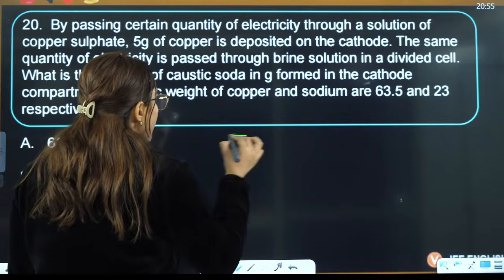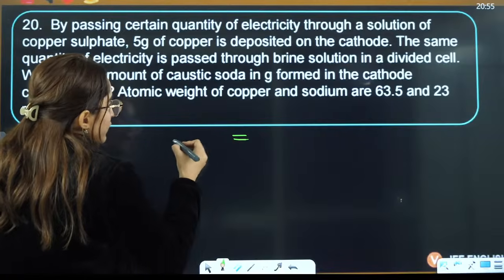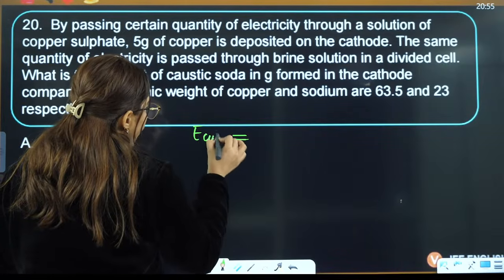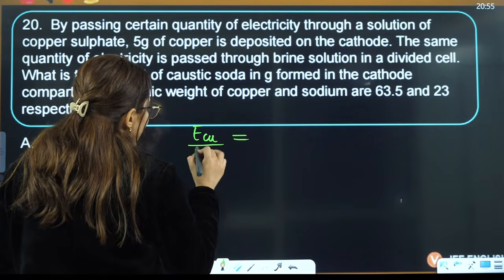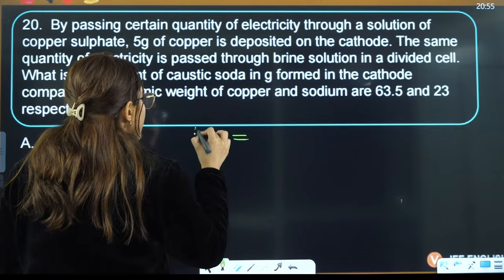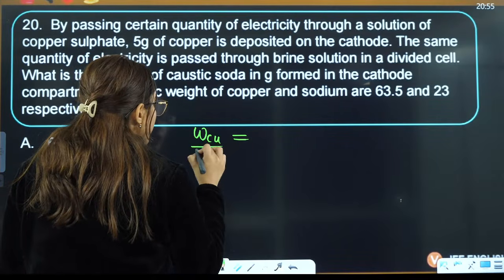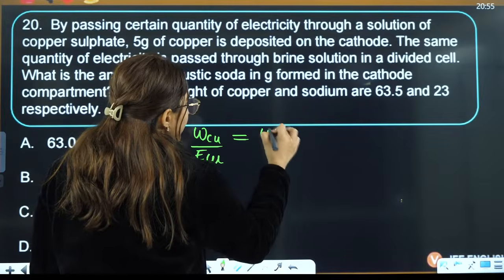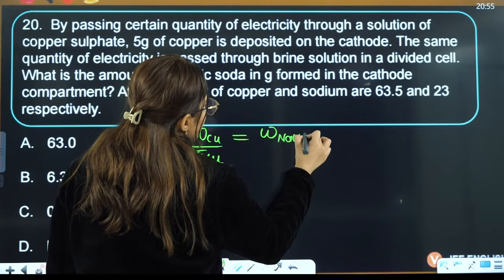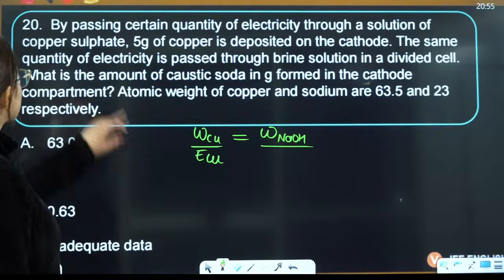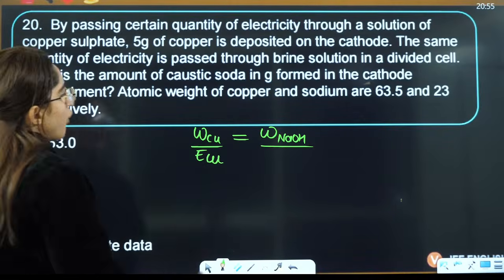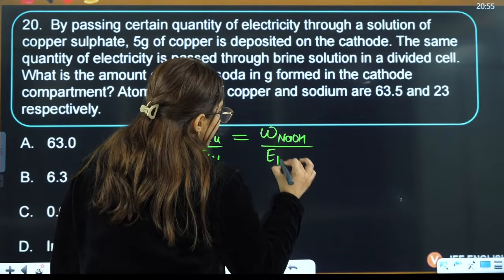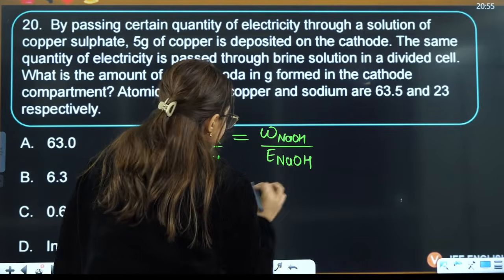From Faraday's second law, weight of copper by equivalent weight of copper equals weight of NaOH formed divided by equivalent weight of NaOH.